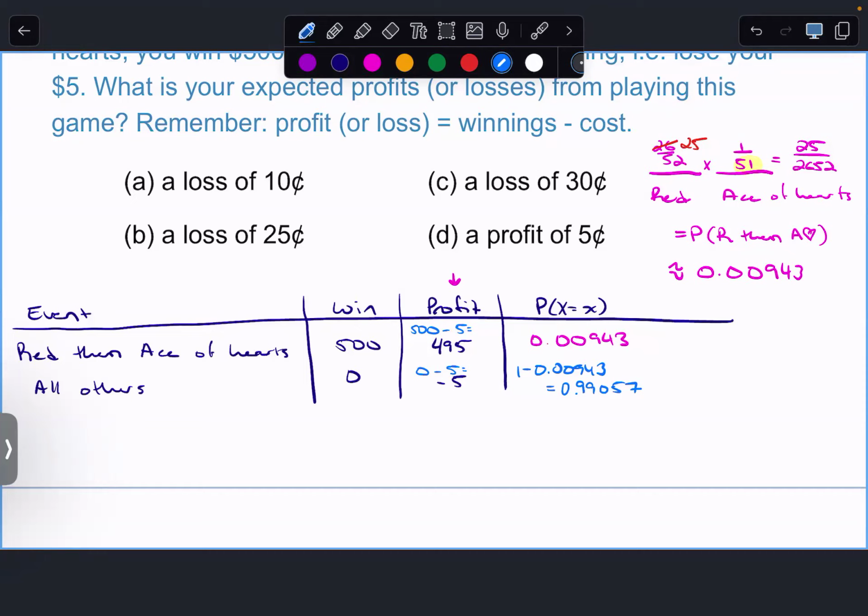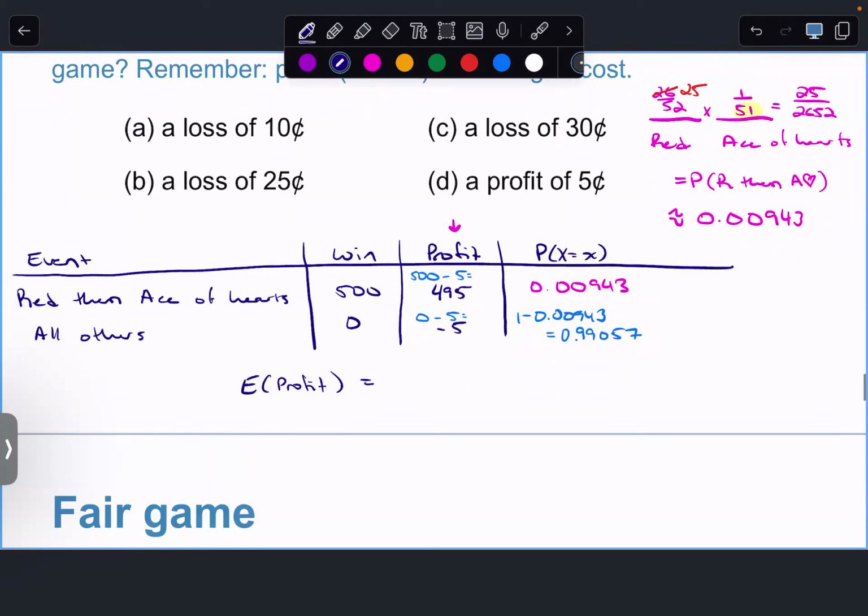So now I want to find the expected profit, all right? The expected profit is going to be each profit times its probability, right? In fact, I'm going to call this a lowercase x is going to be x times P of X equal to x.